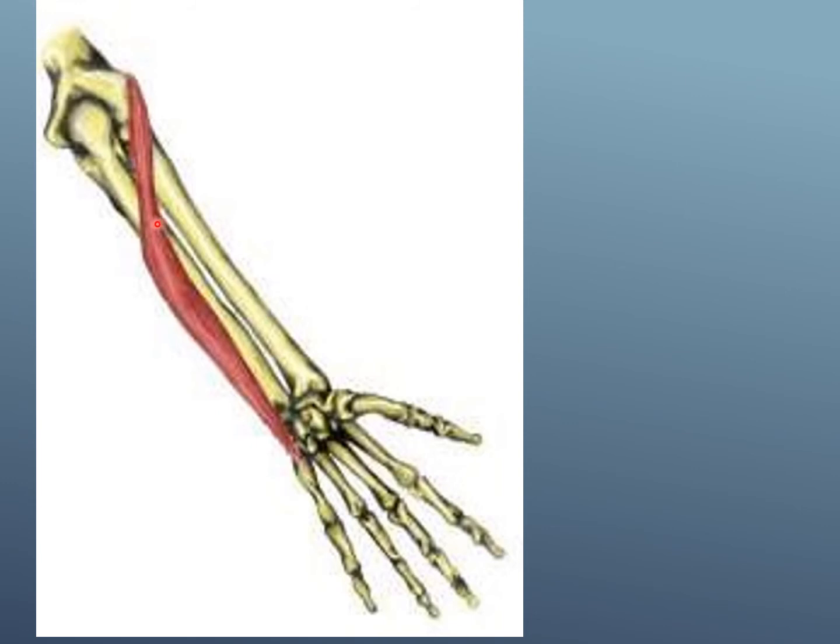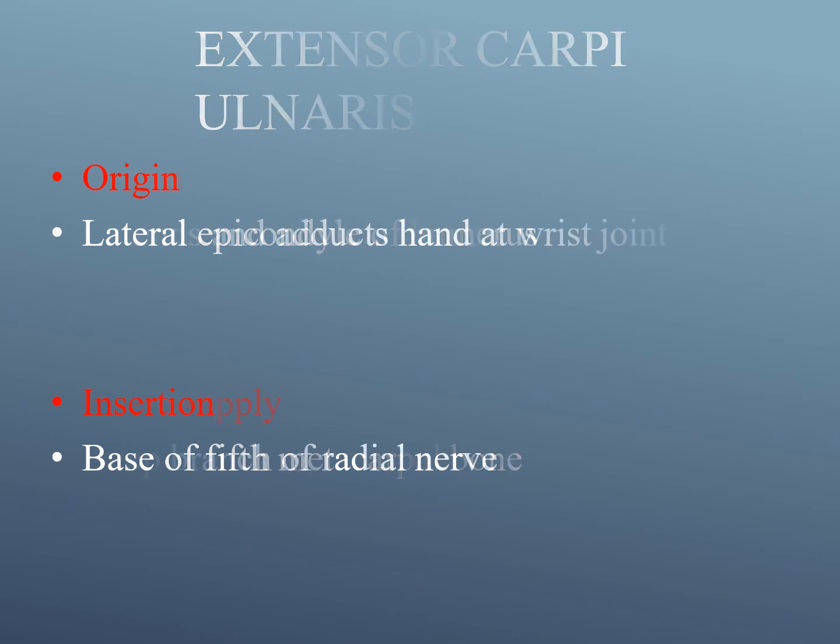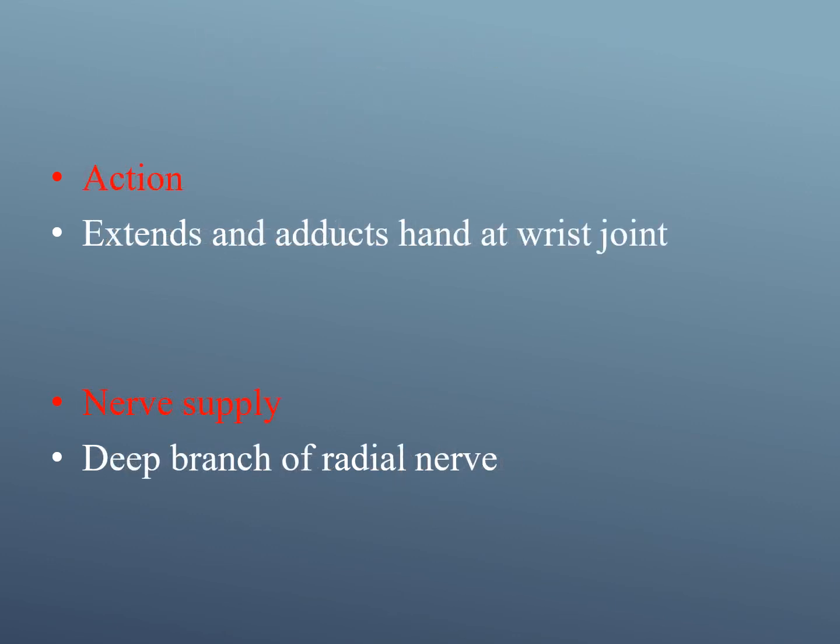It originates from the lateral epicondyle of the humerus and it is inserted on the base of the fifth metacarpal. Action: it extends and adducts the hand at wrist joint, and nerve supply is again the deep branch of radial nerve.